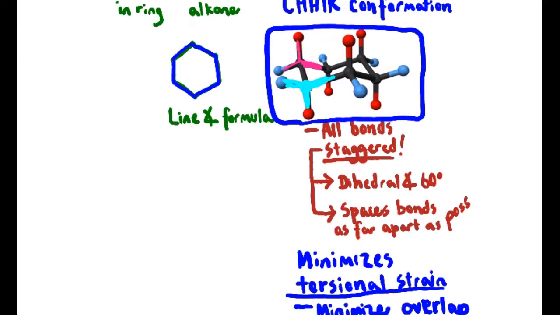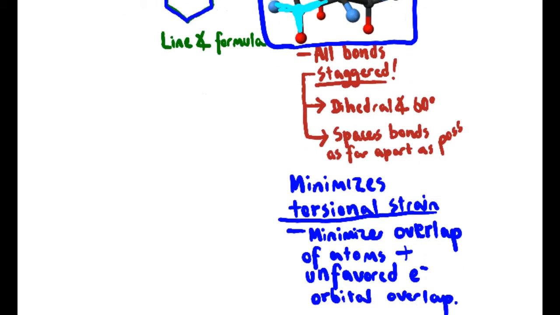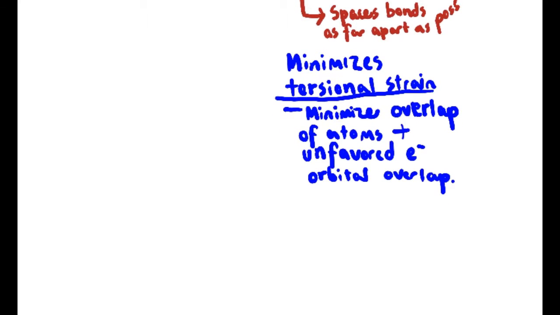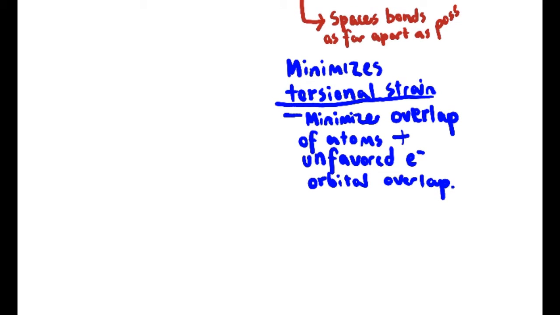So as we talk about the chair conformation of these molecules, rather than drawing out or trying to make a ball and stick model every single time we are working with cyclohexane, we need an abbreviated way to draw a chair conformation. And the way that we do that will allow us to illustrate the specific structural features of the molecule.